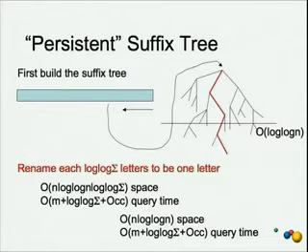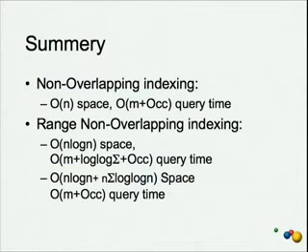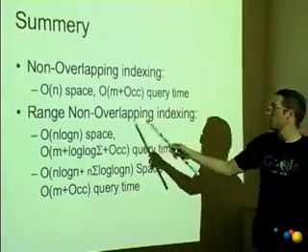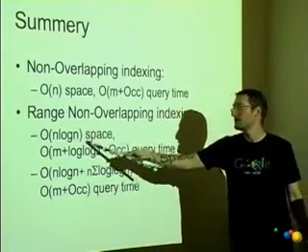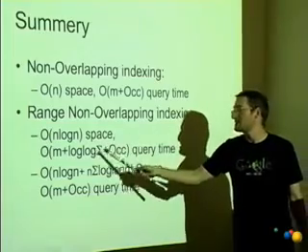So for summary, we know how to do non-overlapping indexing in O(n) space, with O(m plus occurrence) query time. This trick involved only renaming, for sorting the aperiodic pattern and the periodic path decomposition. And for range non-overlapping indexing, we add O(n log n) space, with O(m plus log sigma plus occurrence) query time.